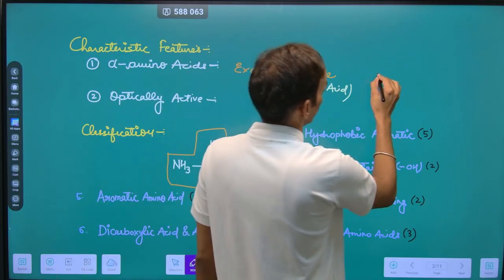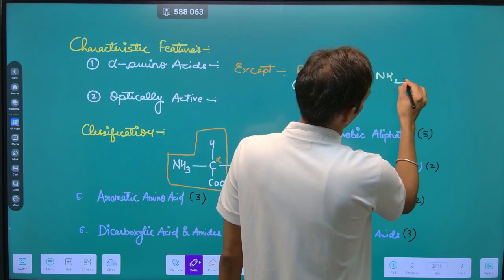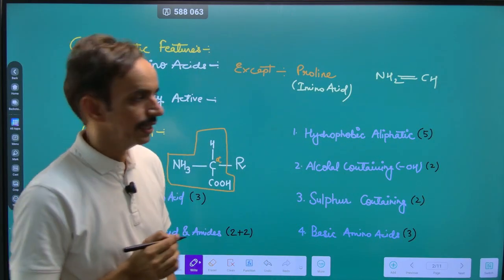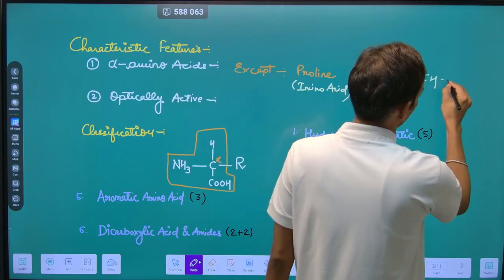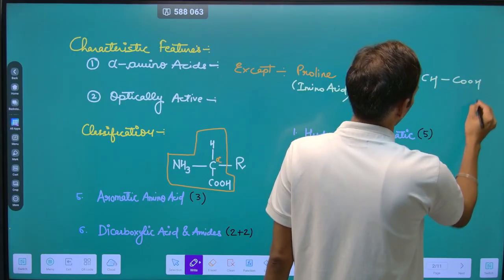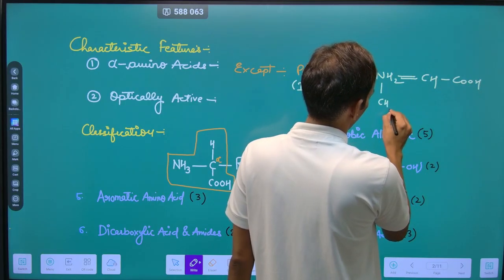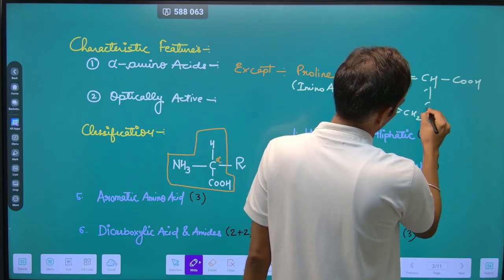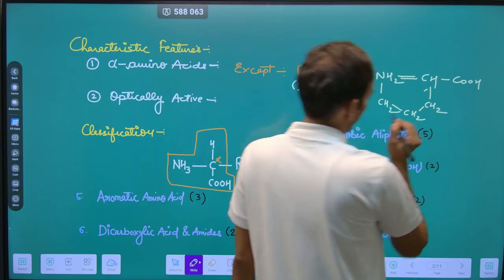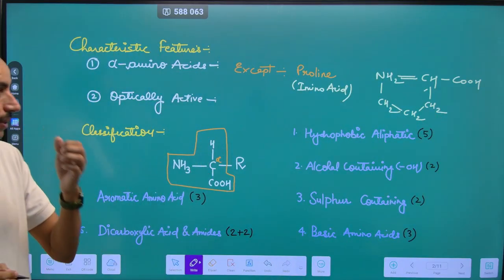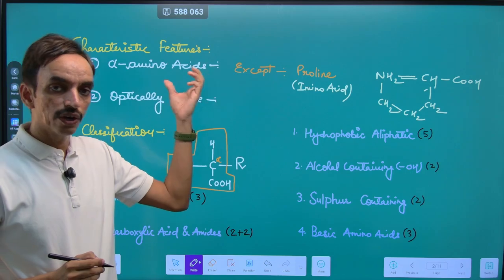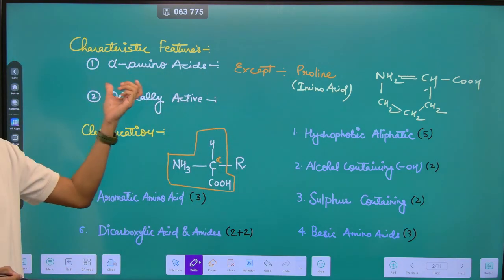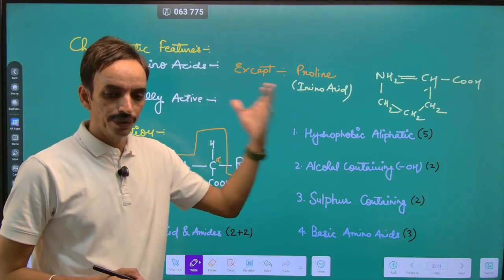Because here the amino group forms a bond with the carbon, and there is a formation of a ring structure. So this is called an imino acid, while all other standard amino acids except proline are alpha amino acids.